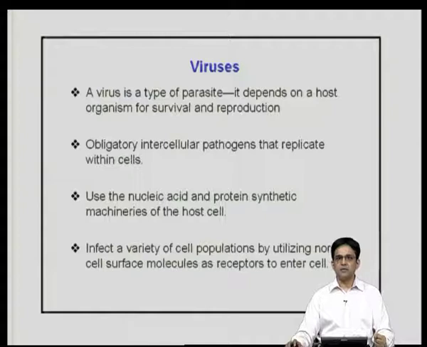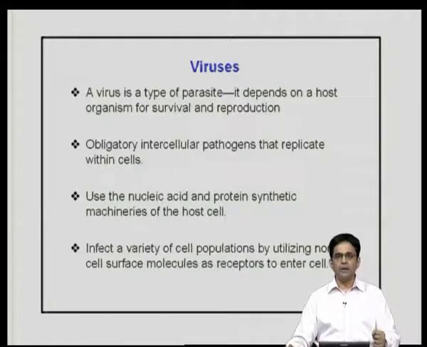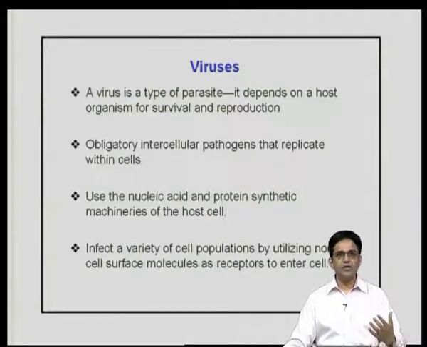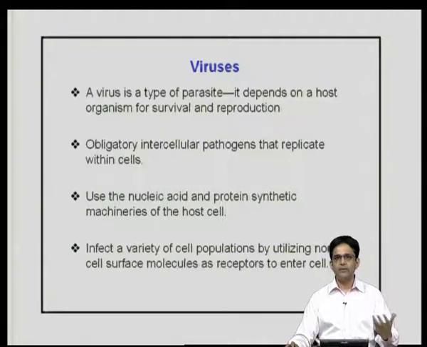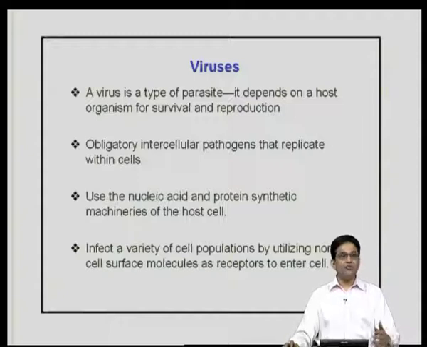These are inert, proteinaceous particles which replicate based on plant cells or animal cells. In our case, it would be mainly animal cells. And what they do is use the nucleic acid and protein biosynthetic machineries to replicate in the host. Life is about replication because you would need to increase your progeny so that you can spread it.